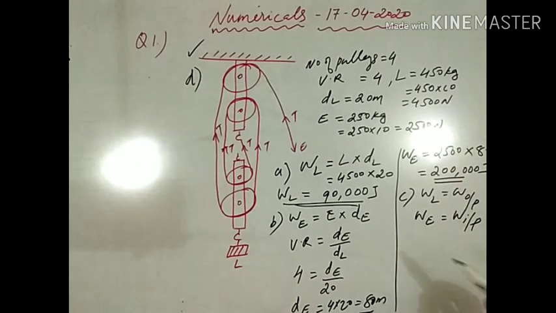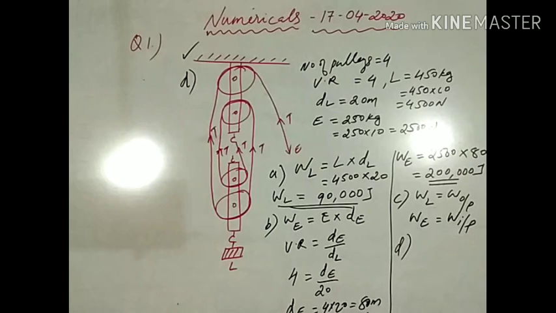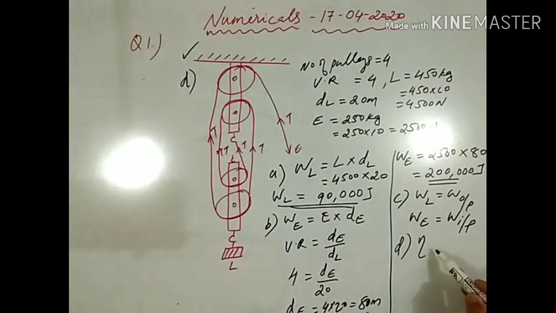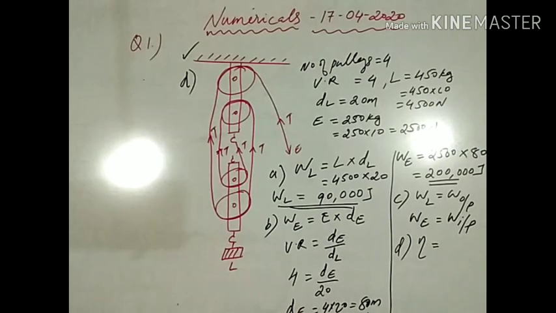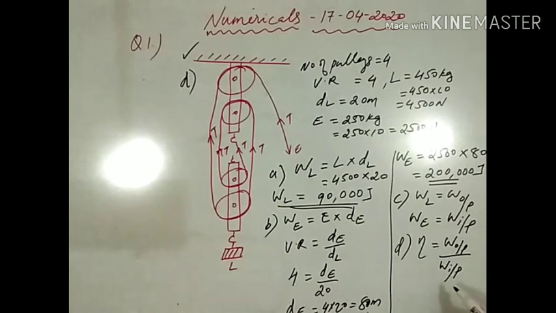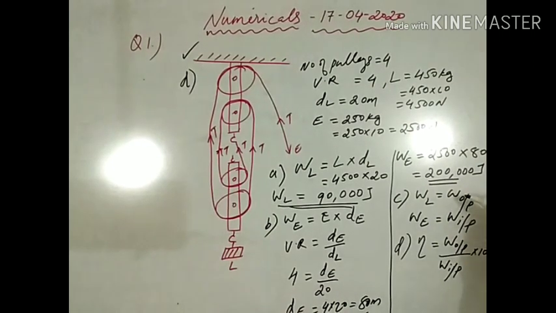Calculate the efficiency of the system. Next, the fourth part, calculate the efficiency of the system. We have to calculate the efficiency eta of the system. Efficiency eta is equal to, you know the formula, work output upon work input into 100, because we have calculated work output and work input.